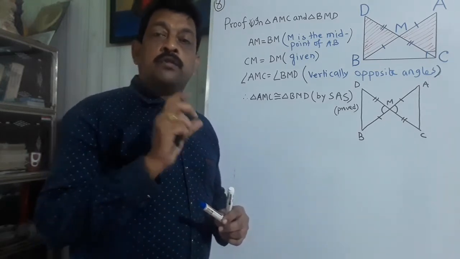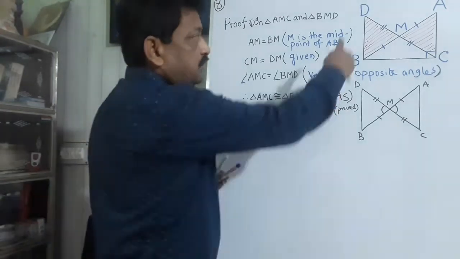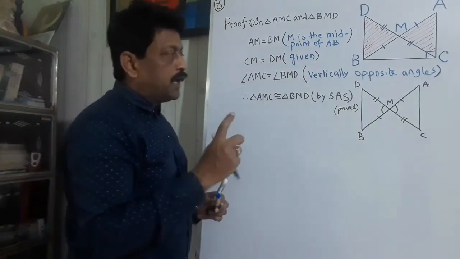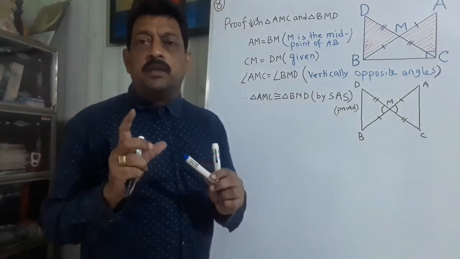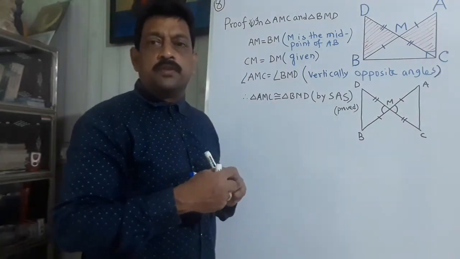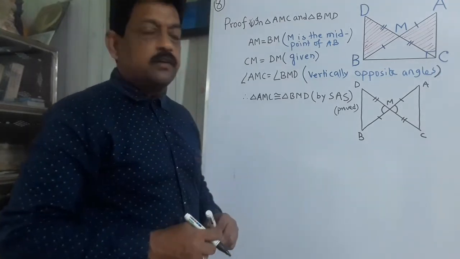We have to note it down because it will be required later on. Since this is a very big sum, wherever possible, whatever things we are getting, let us write it down in CPCT, corresponding parts of congruent triangles. Maybe it will be required later on.